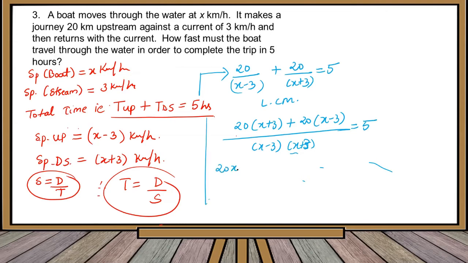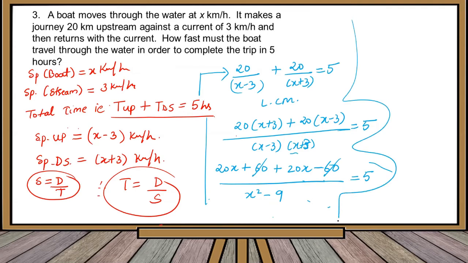So it's 20x plus 60 plus 20x minus 60. The denominator is (a + b)(a - b), so it's a square minus b square, so that would be x square minus 9 equal to 5. Now if you observe the numerator, plus 60 minus 60 gets cancelled.